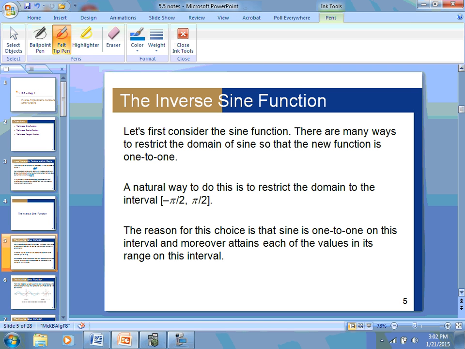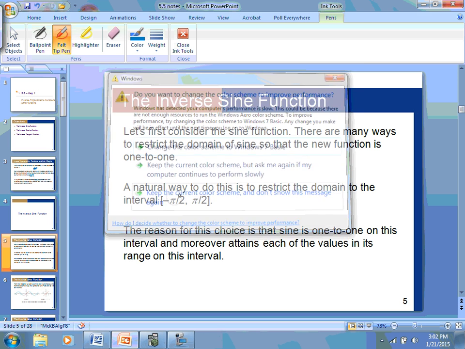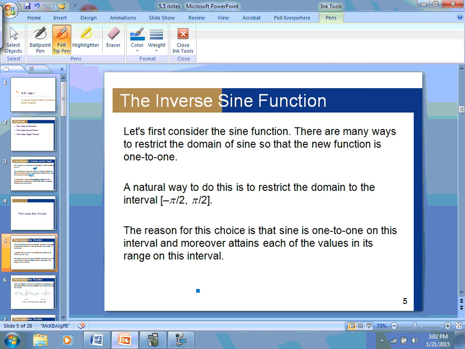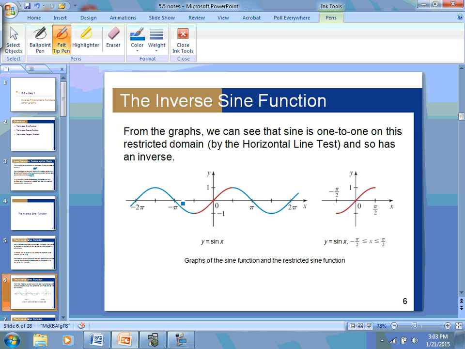But just for the sine function, there are a lot of different ways that you could restrict it. Basically, we have a curve. This is a sine curve and it keeps repeating and repeating and repeating. So we can go anywhere on that curve.